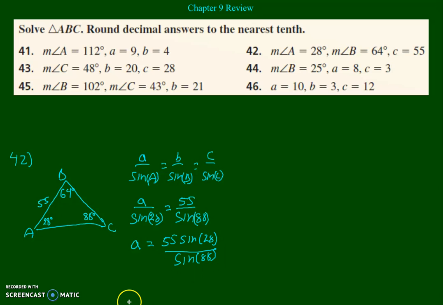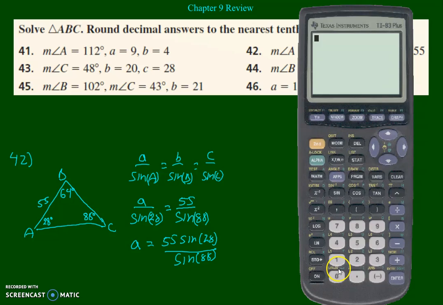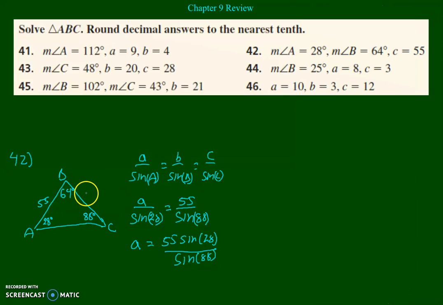So let's go ahead and put that in our calculator. And we have, open parentheses, 55 sine 28 divided by sine of 88. And let's get our value. 25.8. So a is 25.8.